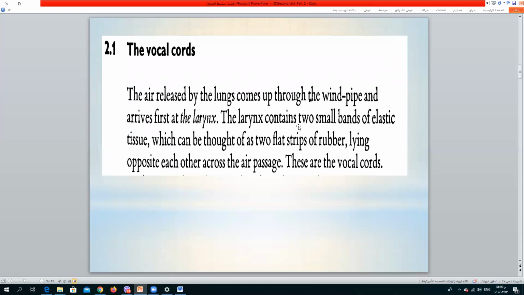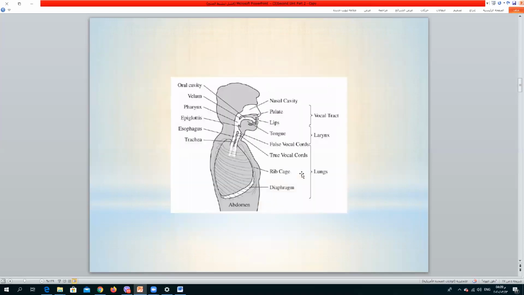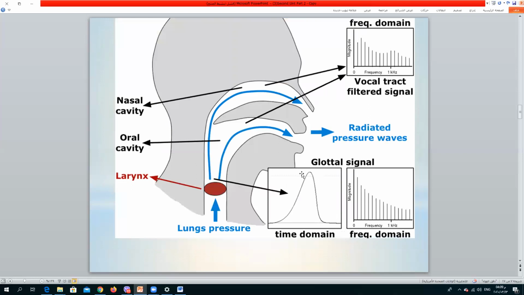The larynx contains two small bands of elastic tissue, the vocal cords, which can be thought of as two flat strips of rubber lying opposite each other across the air passage, as we have said before. Here is the larynx that has the vocal cords, and the air comes from the lungs, then goes here.